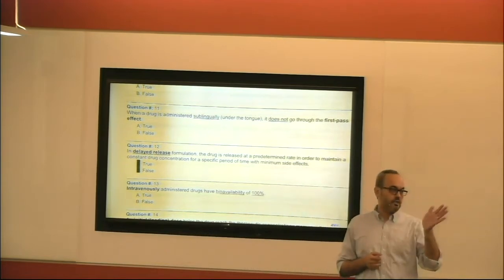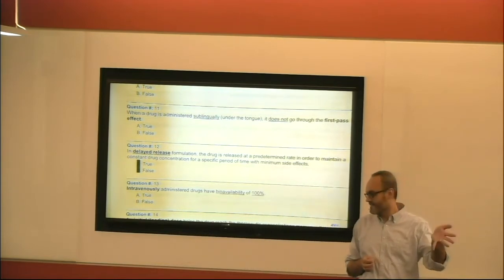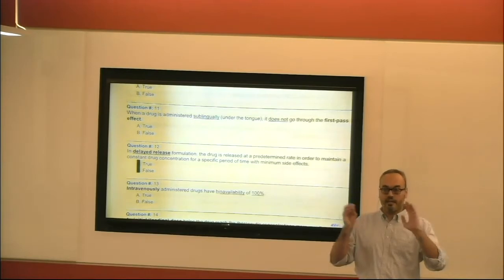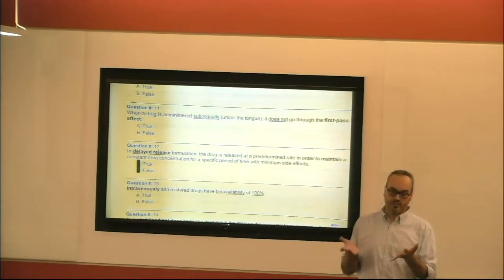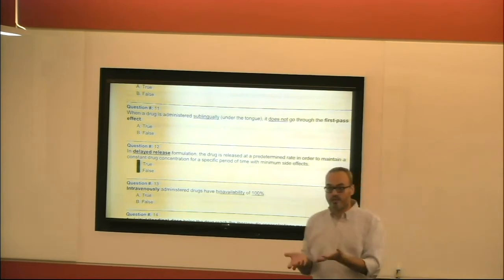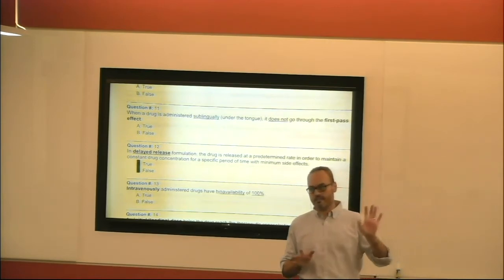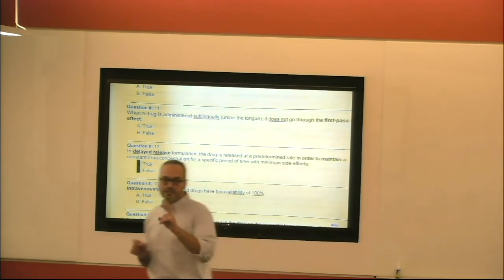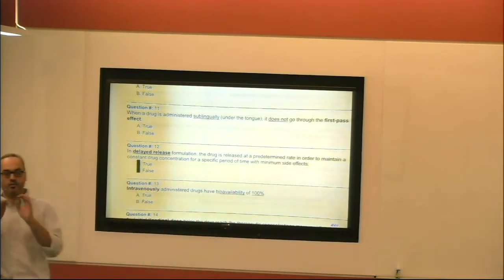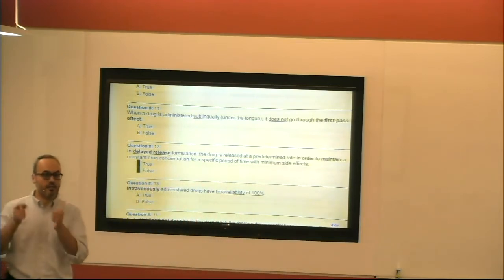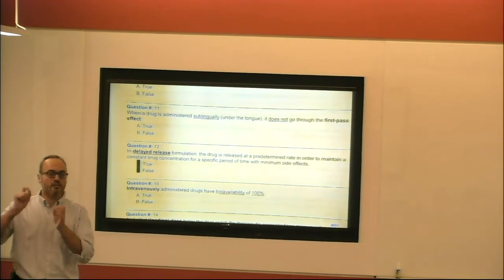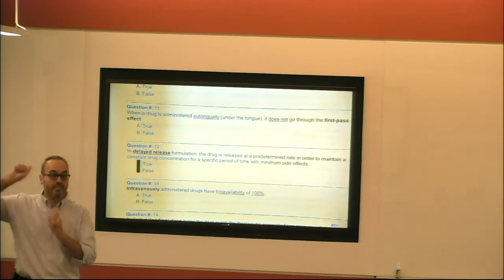So this brings us back to the question we had last lecture. Guys, I need to stress this because it's important. Suppository or rectally given drugs do not go through the first pass effect. That's why when you administer a suppository, you should not try to push it all the way deep inside.